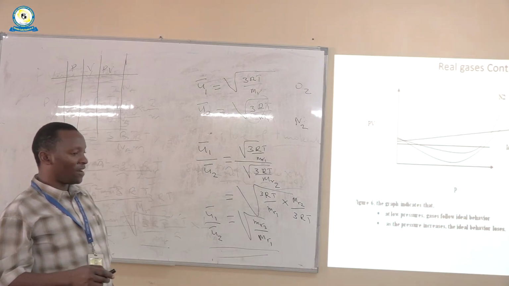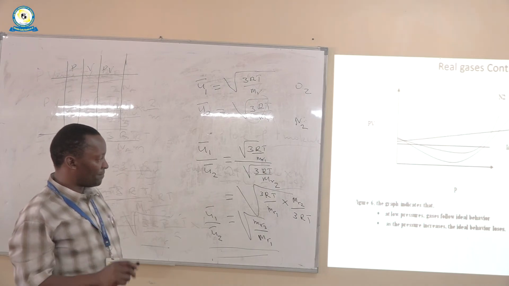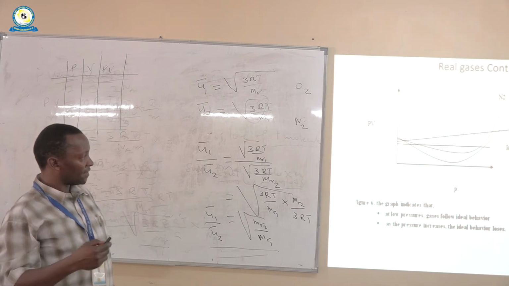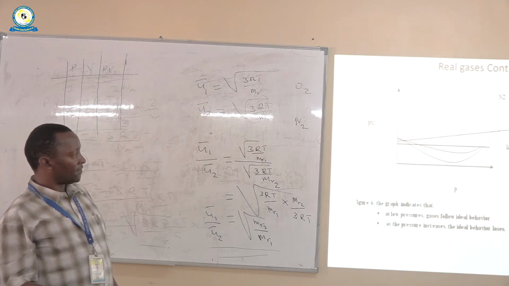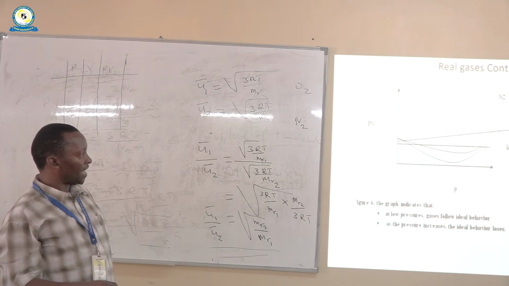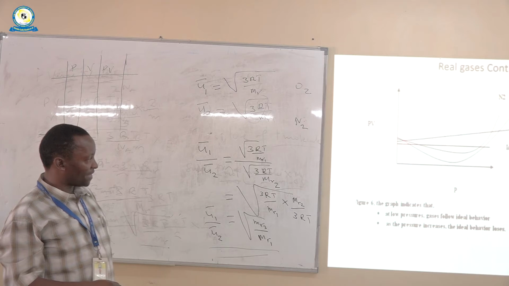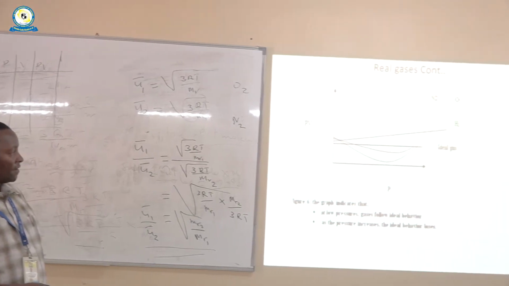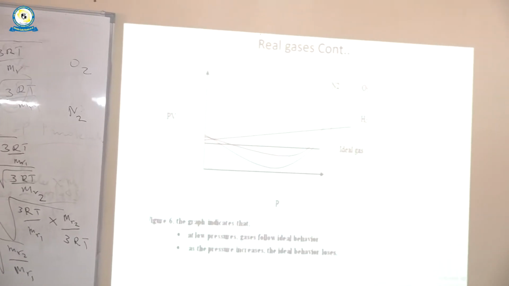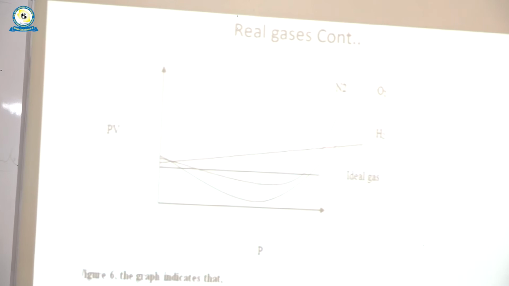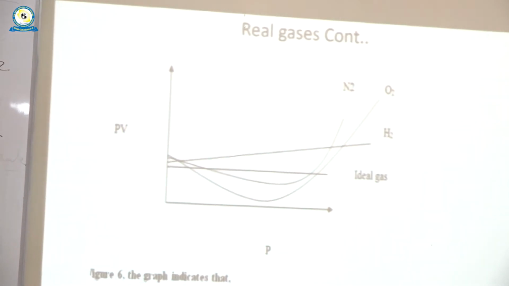When you have high pressure and low temperature, for instance for nitrogen, you see that at first as the pressure increases, the product increases, but it reaches a time when the pressure is very high, then the PV increases like that.